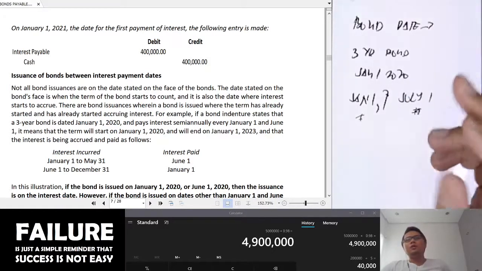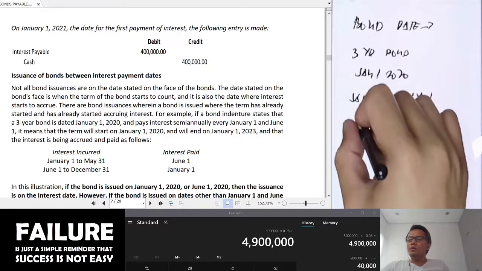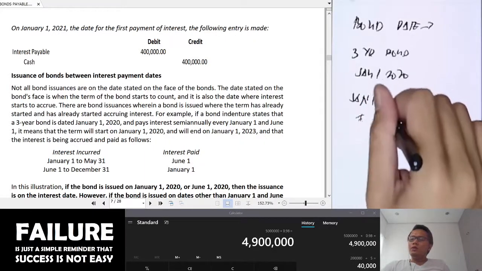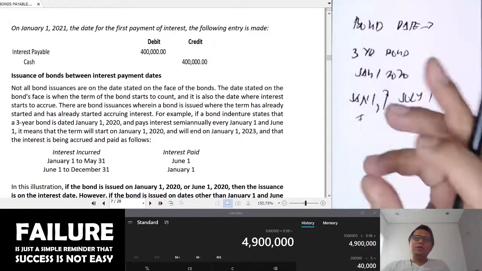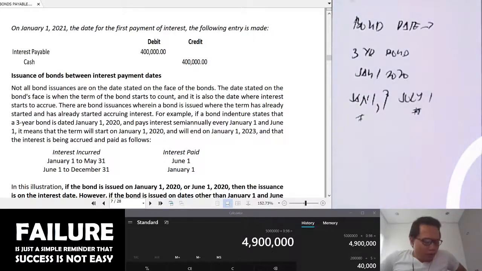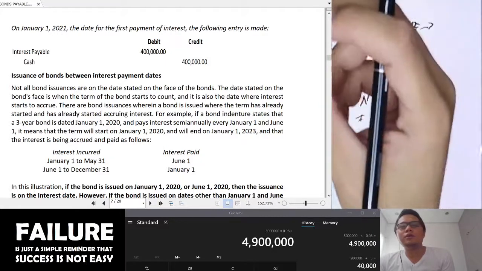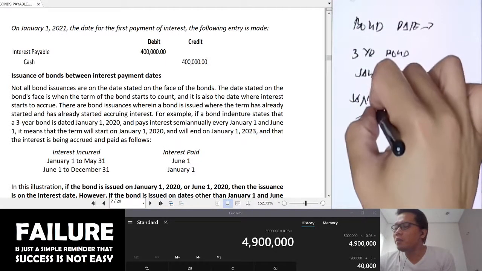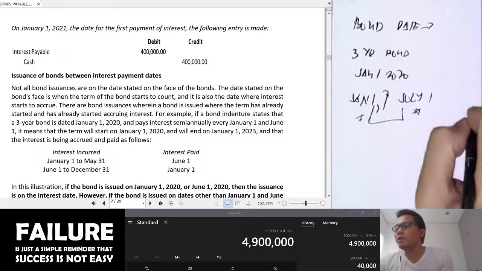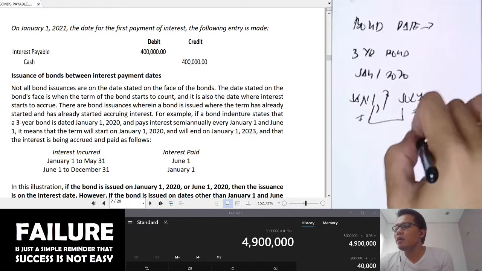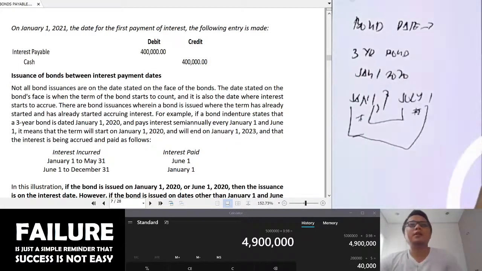Walang masyadong complexities because, again, it was issued on interest date. Now, the problem may arise if we are to issue bonds in between this period.